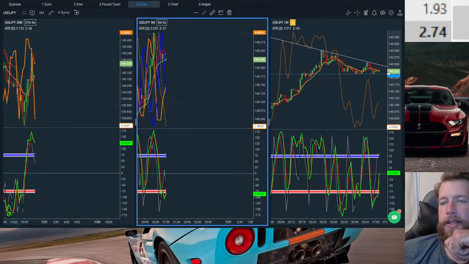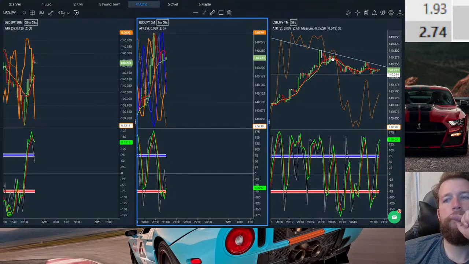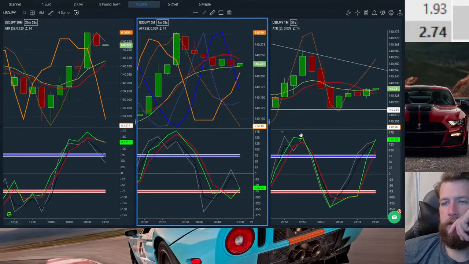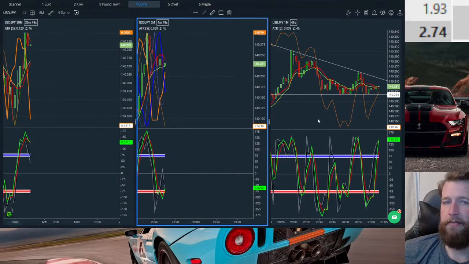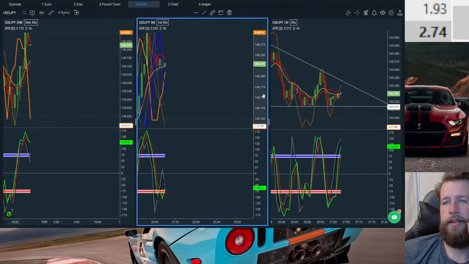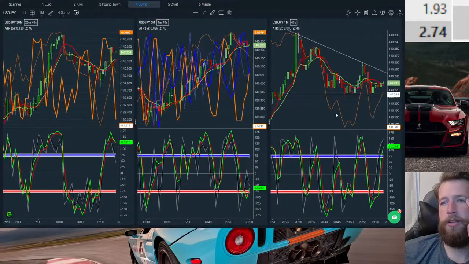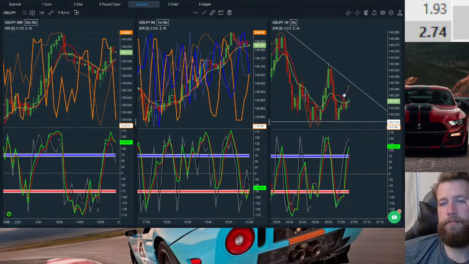At some point, the bears at this level are going to win. That's the idea of the flag. But then again, it's just something to look at. It's not doctrine. It could just go boop. Very well could.